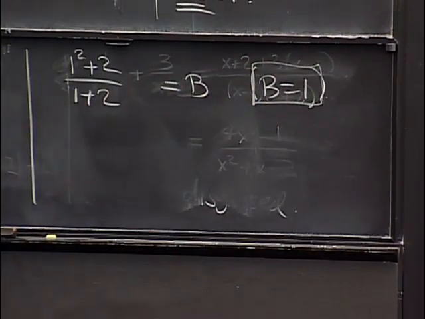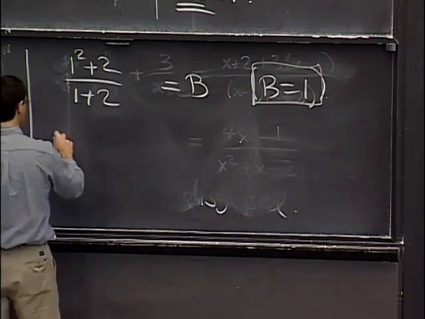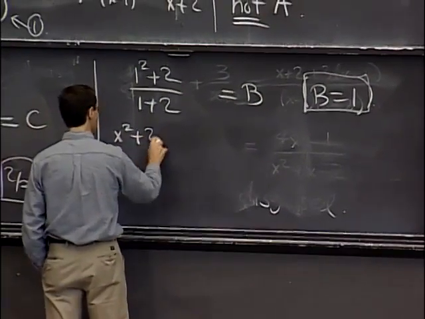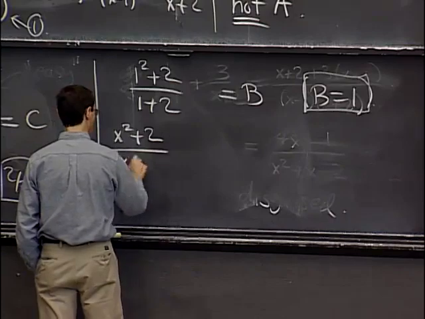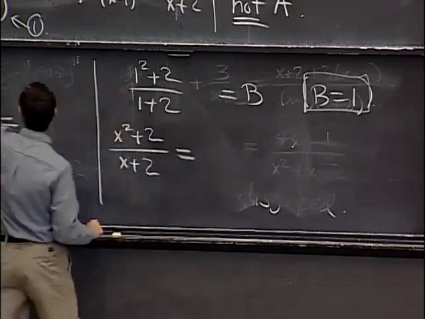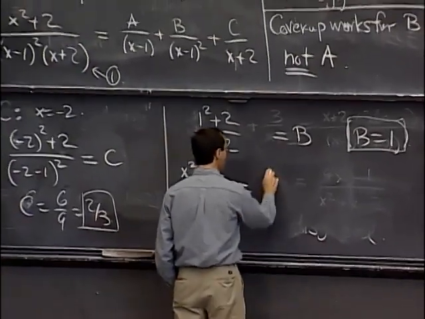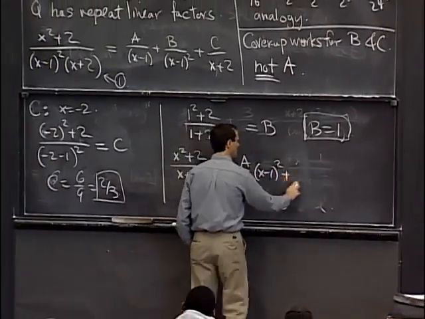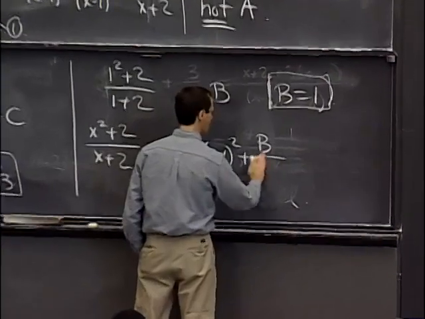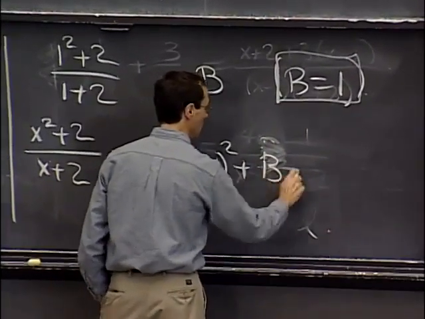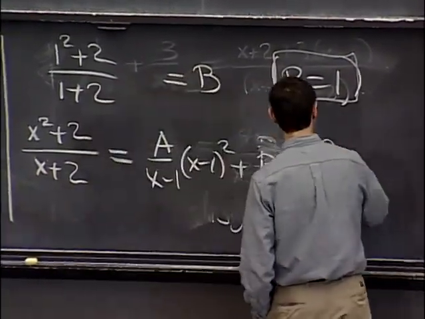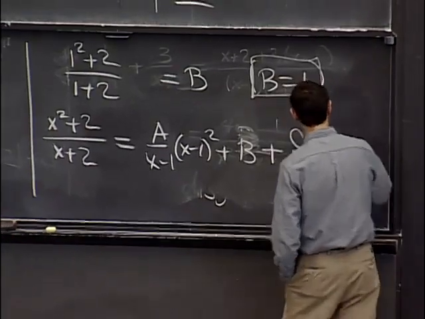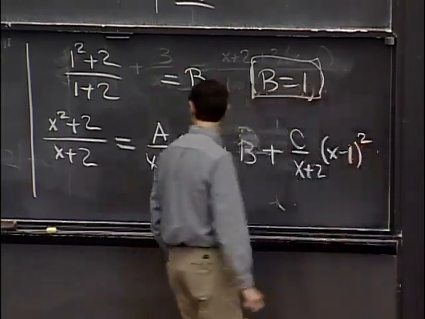Now that was pretty fast, so let me show you what arithmetic, what algebra, was hiding behind it. What I was really doing is this, multiplying through by x minus 1 squared, so I got this. So this canceled here, so this b just stands alone, and then I have here c x plus 2 x minus 1 squared.